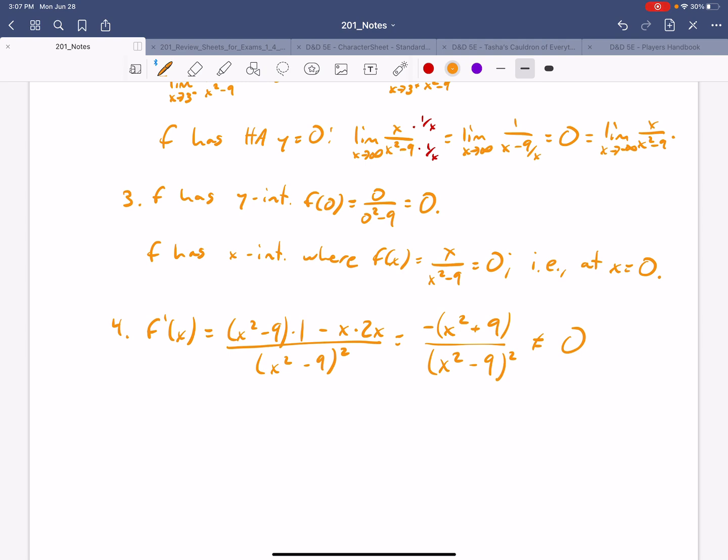It doesn't equal 0. Now, that said, the derivative could totally change because f prime does not exist at x equals negative 3 or positive 3. Okay? Always keep that in mind.